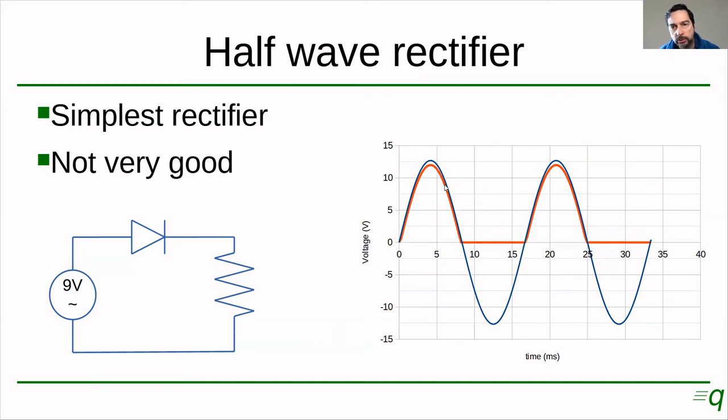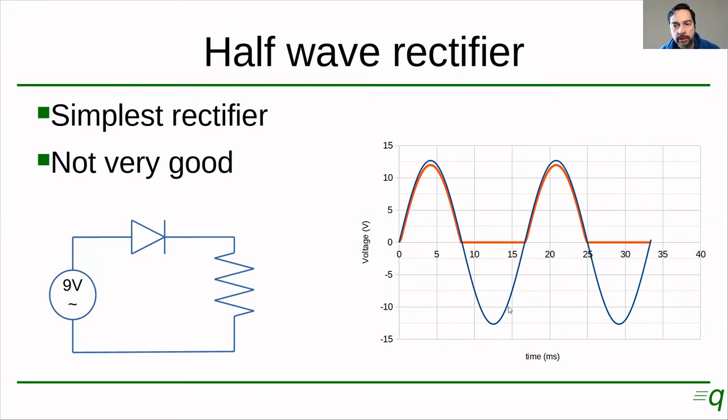Anyways, when you continue with the cycle down to 0 and to the negative side, on the negative side, the diode doesn't allow any current to flow, so the voltage across the resistor is 0. So if you have a look at the voltage across the resistor, the polarity is always the same, only the voltage varies, right? So it varies from 0 to a maximum of 11.8 or so, then it goes back to 0, stays at 0 here, and then goes positive again.